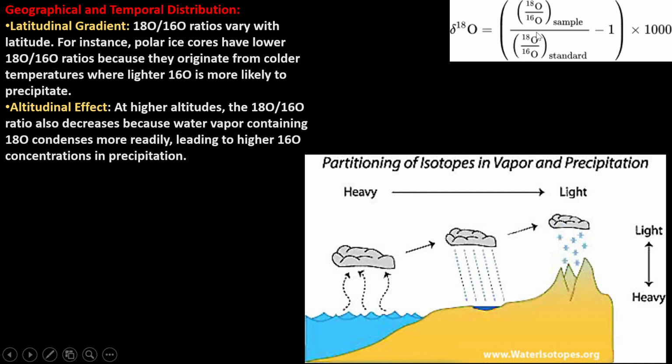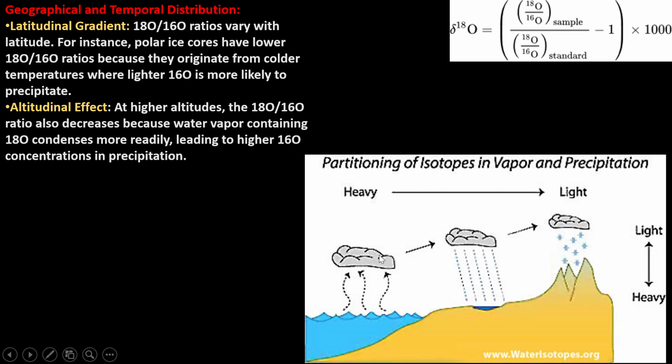So what's the reason, and what is the science behind this? If evaporation occurs, mostly the O16 isotope will be evaporated, which means the O18 will be left behind.